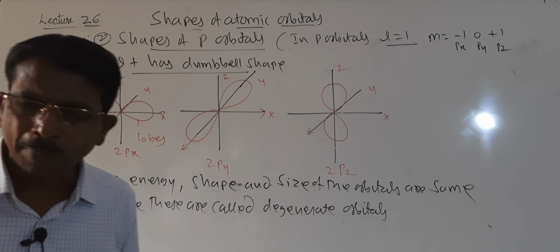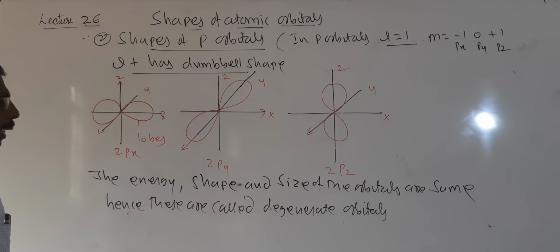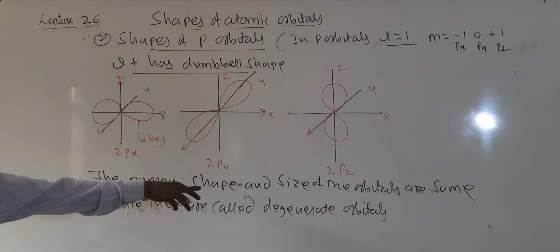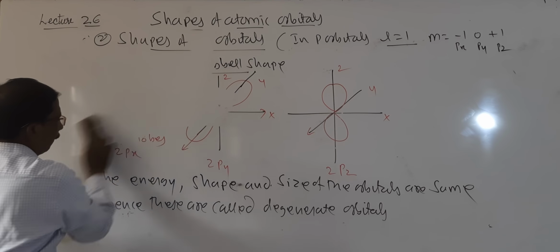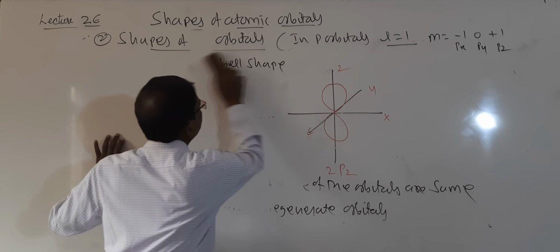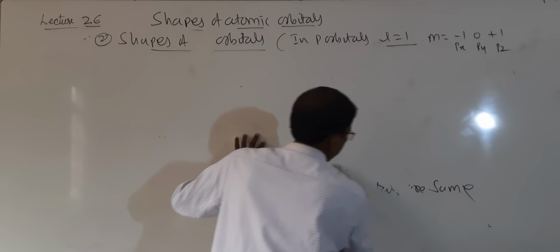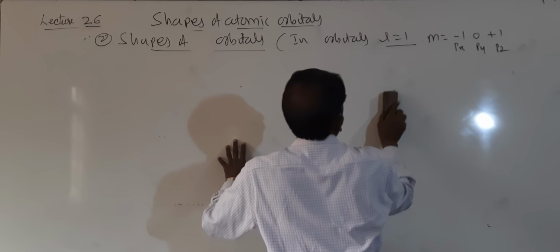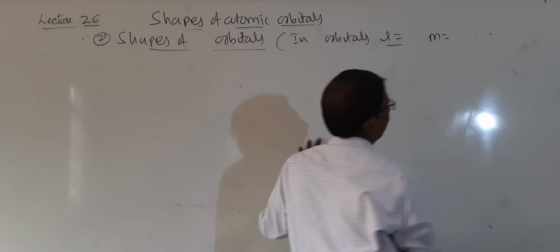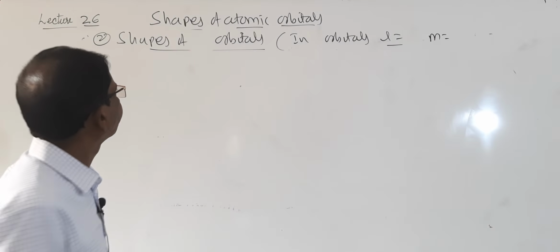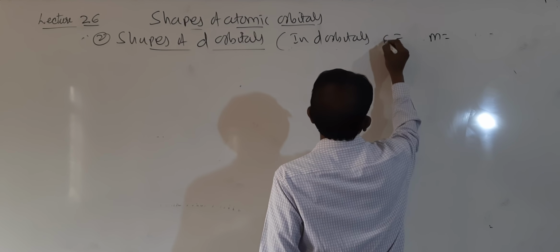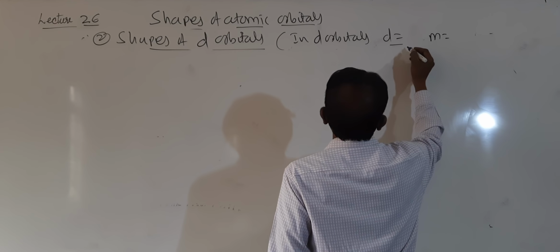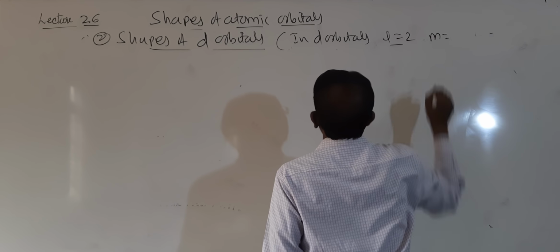Then the last one, d orbital. So, shapes of d orbital. Remember, here the only important point is the energy, shape and size of the orbitals are same, hence it is called degenerate orbital. Look here. Shapes of d orbital. In a d orbital, L is equal to 2.